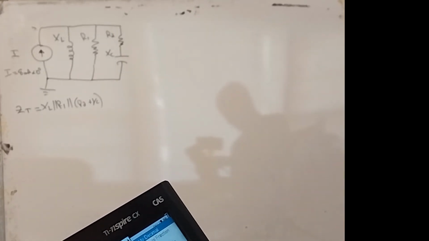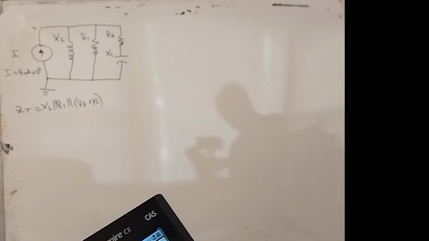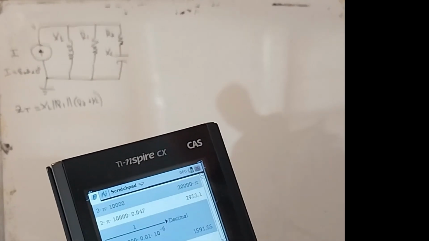And I come over here to the end of the line, hit menu, go to 2, number 1, convert to decimal, and then I enter that. So I get 1592.